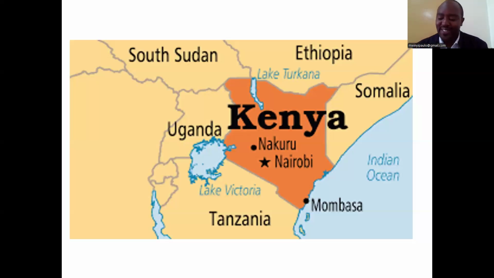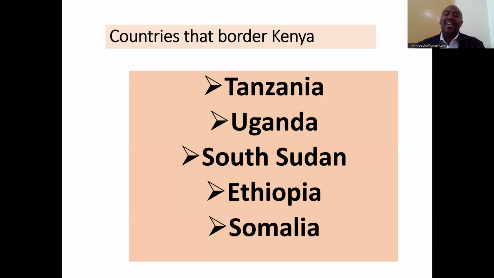I'm sure by now you finished writing down the countries you can see on your screen that share a border with Kenya or neighbor Kenya. Let's now mark the work we've done. These are the countries that border Kenya. Tanzania. Had you noted Tanzania? Good.